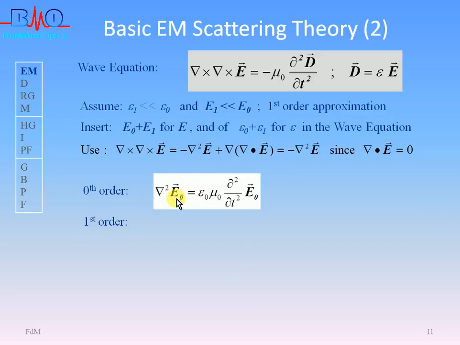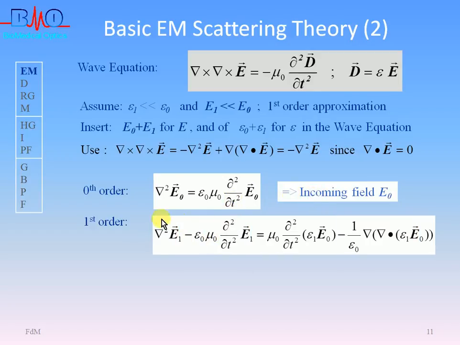For zero order, we can group all the zero order terms together and get this wave equation here, which is fulfilled by the incoming field. For first order, we end up with this expression, in which the E1s are at the left side and the E0s, the well-known incoming field, are at the right side.